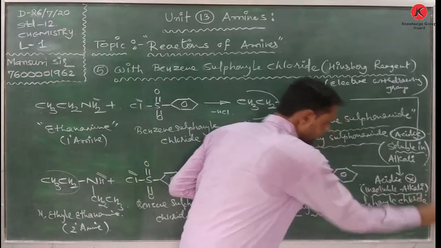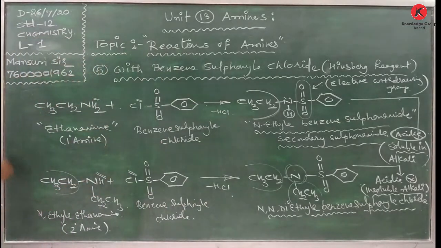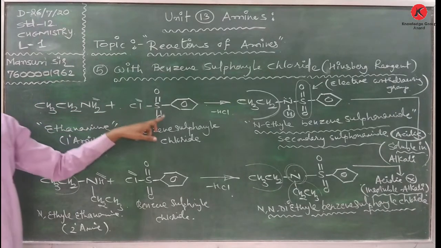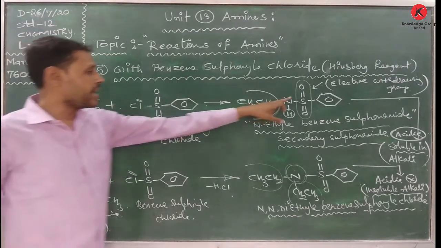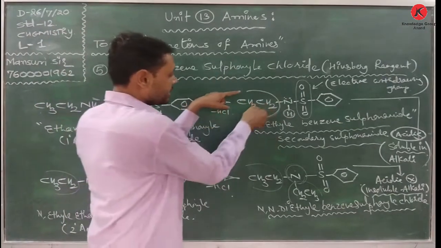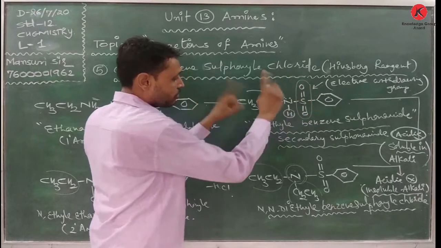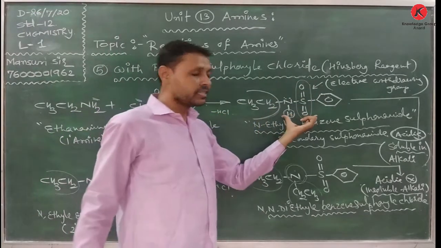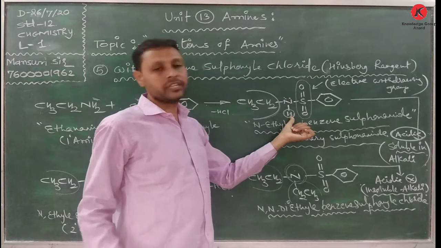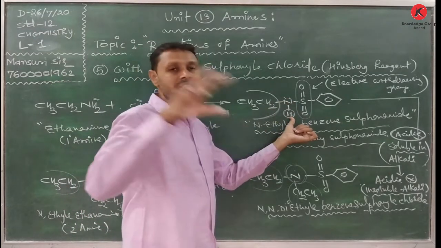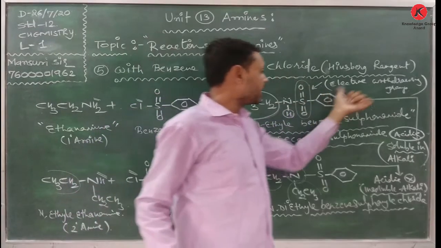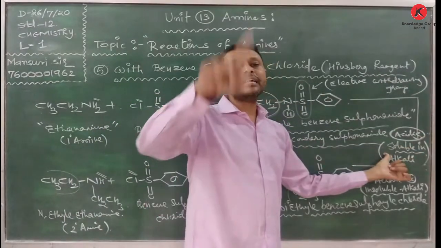So in summary, ethylamine reacts with benzene sulfonyl chloride, the Hinsberg reagent, and N-ethyl benzene sulfonamide is obtained. This substance contains hydrogen on nitrogen, so it becomes acidic, and being acidic, it is soluble in alkali.